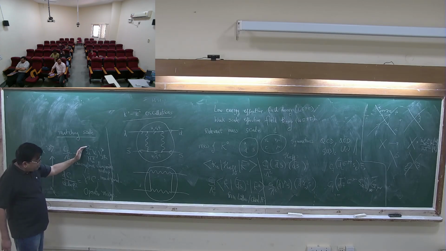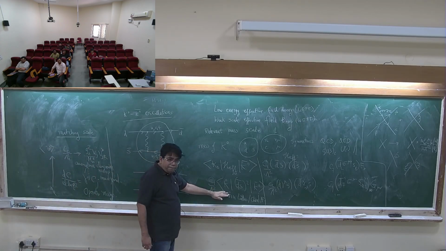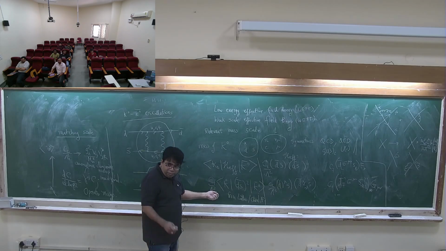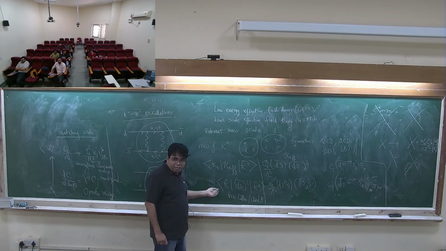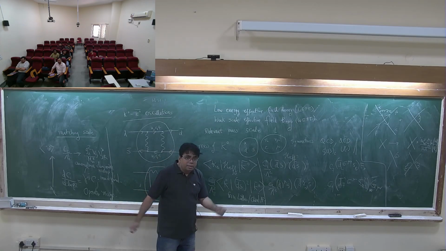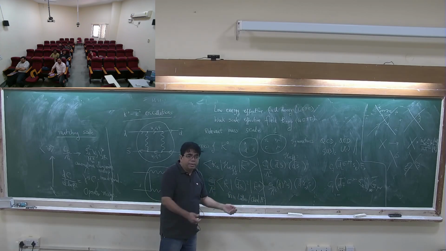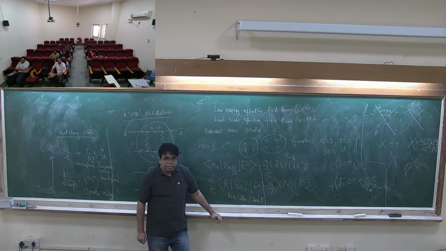Then you run them down to the weak scale, and because there are bound states, put them back into the chiral PT operators with FK and all these, and make the prediction. So this is the prediction of the standard model, with error bars.